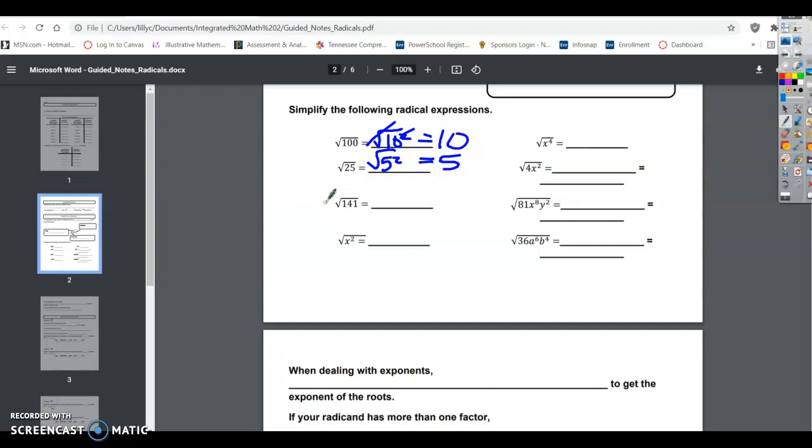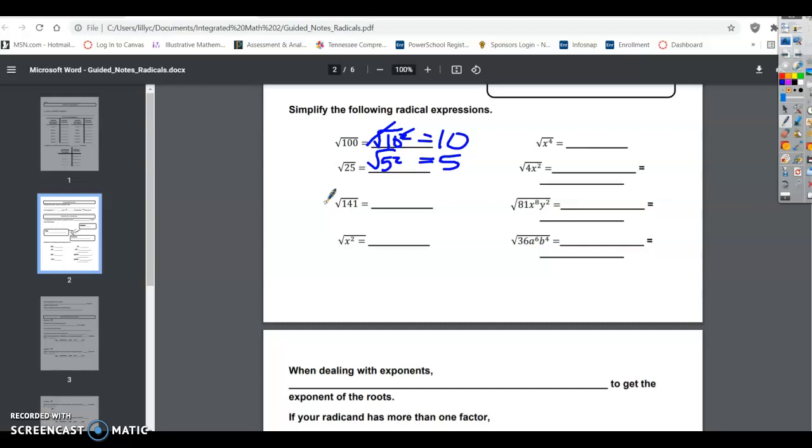Now the square root of 141, if you look at the 141, okay, 141 is not divisible by 2 because it's not even. It's not divisible by 3. Oh, it is divisible by 3. 3 and 47.